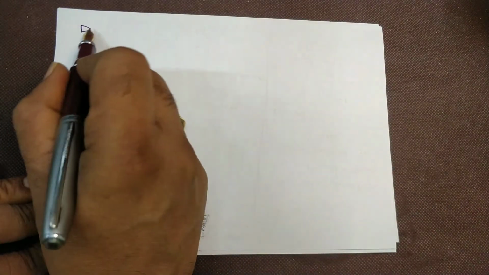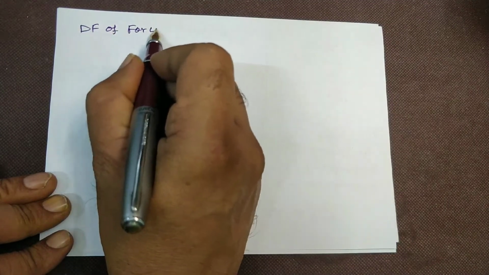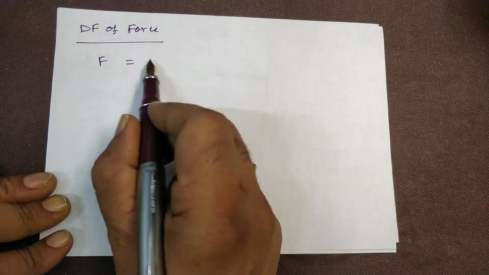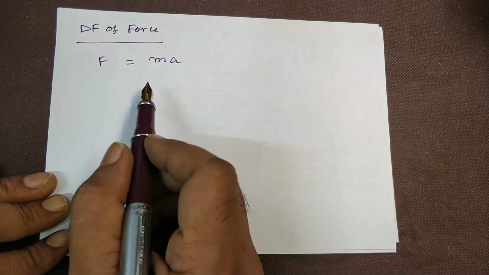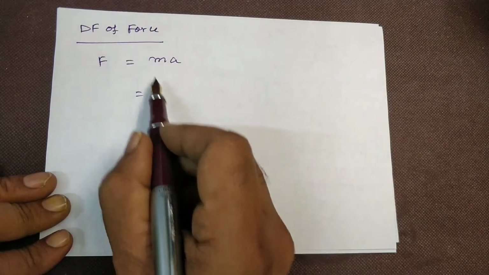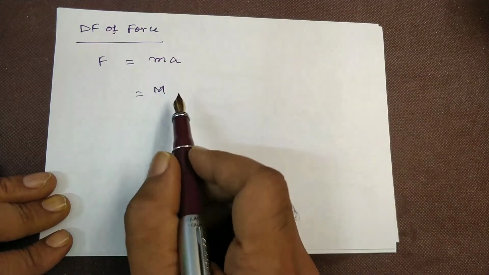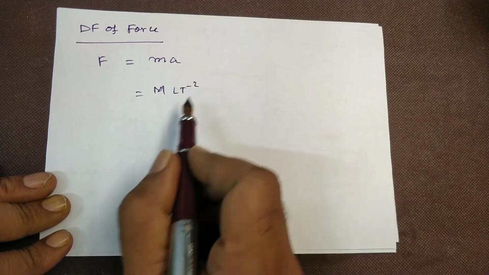Similarly, we can find out the dimensional formula of force, df of force. Force is given by rate of change of momentum, that is m into a. Now m, we can put capital M, and a we already know, that is L T power minus 2.